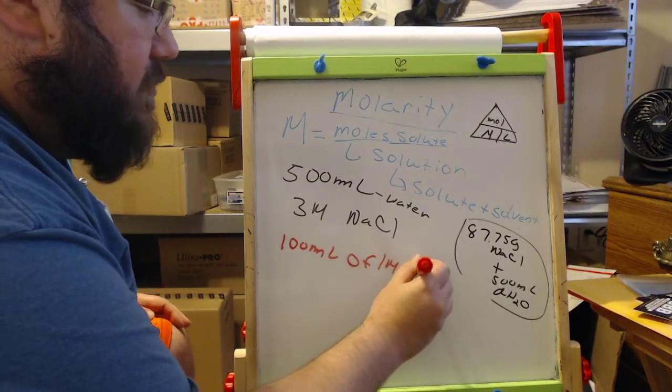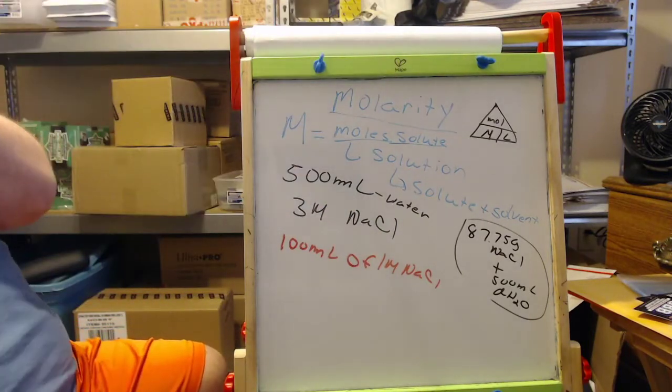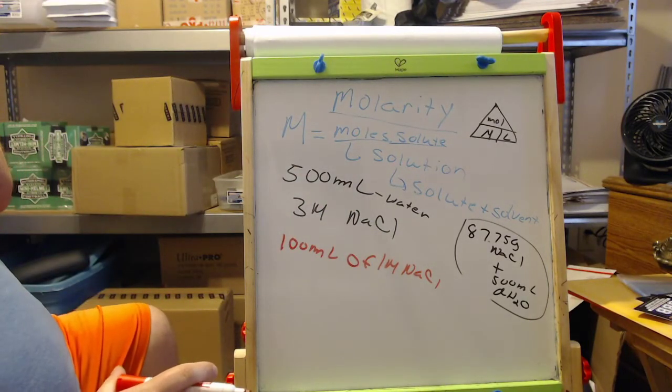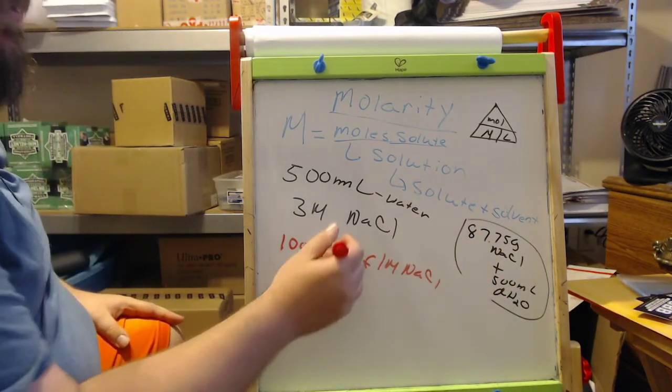And you're like, okay, I just did the math on this one. But let's say we're out of NaCl solid, so I can't weigh it out and add it to the water.